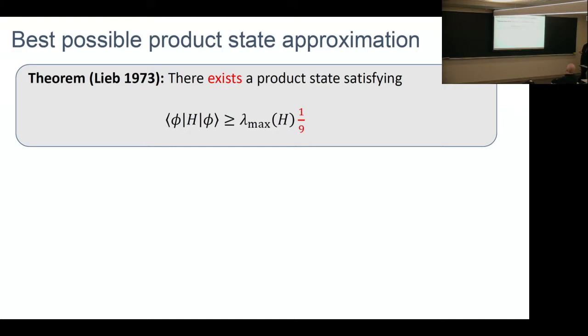You'll notice that 1/9 is bigger than 1 over log n, right? So computing this product state is going to be hard. We already know that from classical hardness, which carries over into this case. But this is an existence proof and does not give you an efficient algorithm.